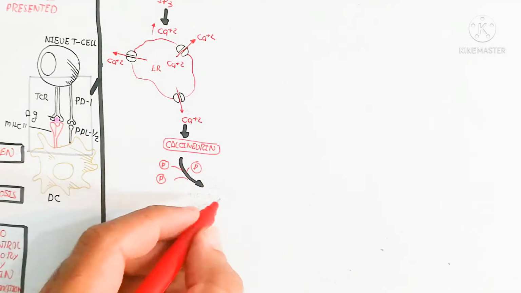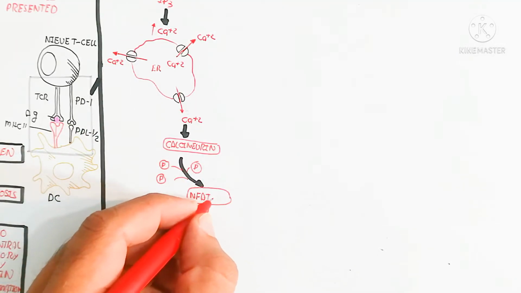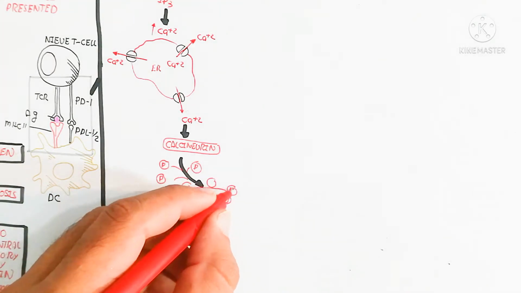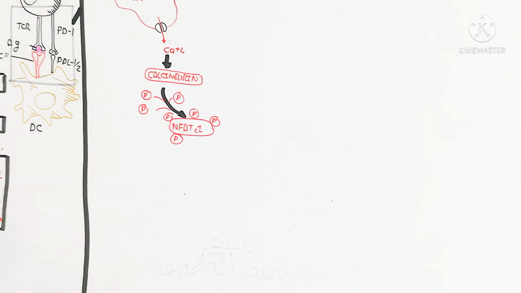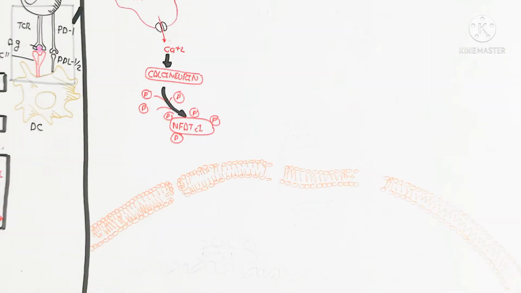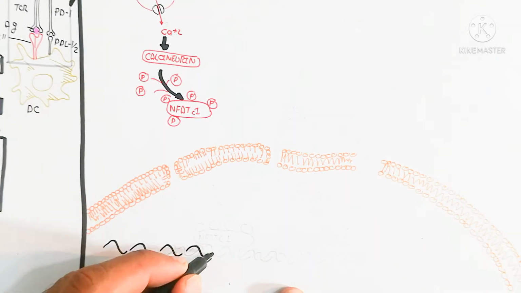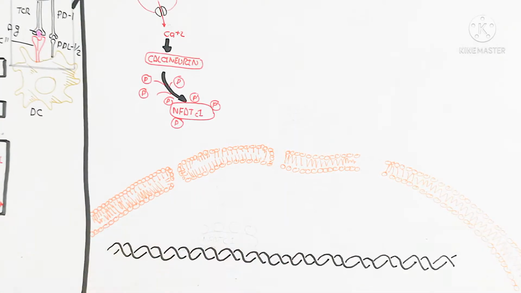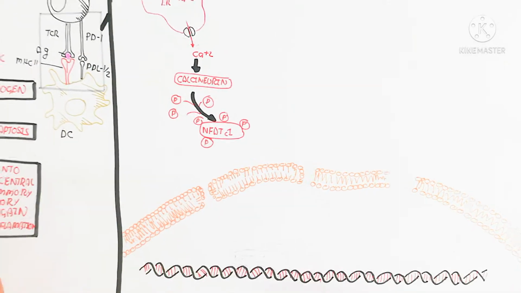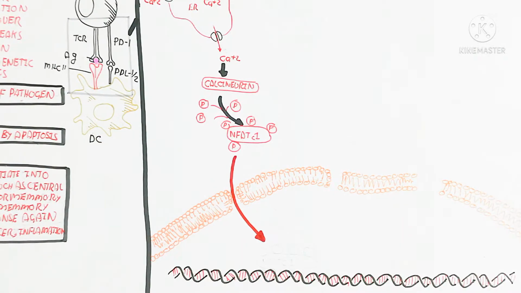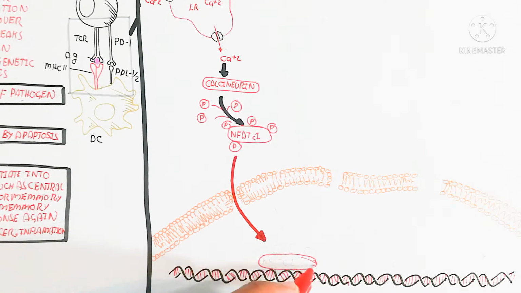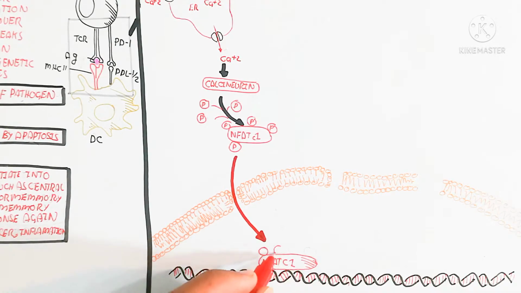After binding with the DNA, NFATC1 is used for proliferation, differentiation and recruitment through the production of cytokines. Here is the nucleus containing DNA, and the specific gene binds with the specific NFATC1. I hope this makes sense.